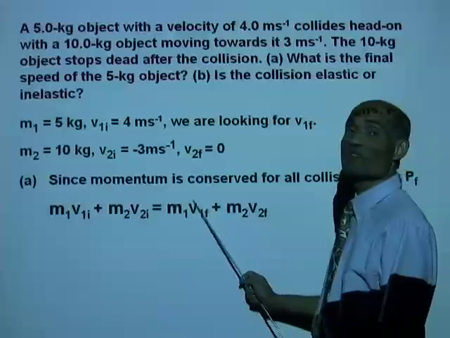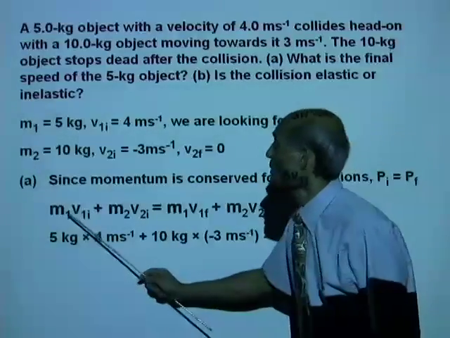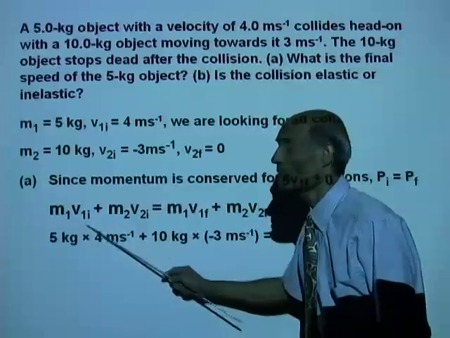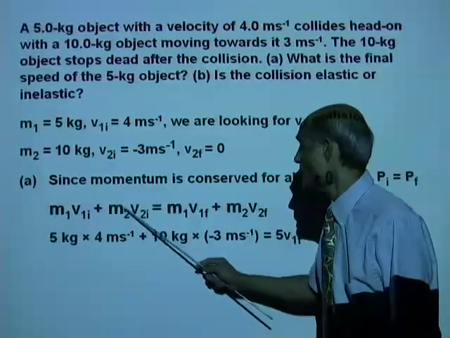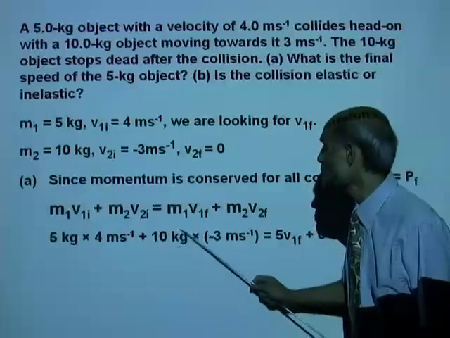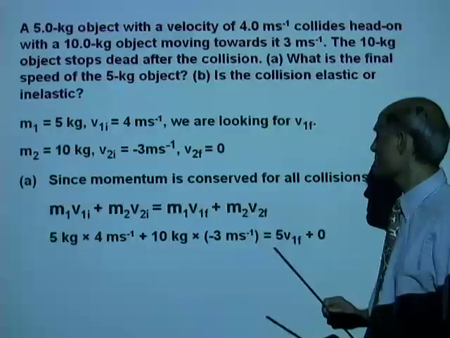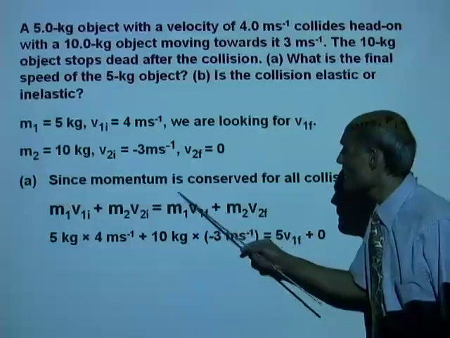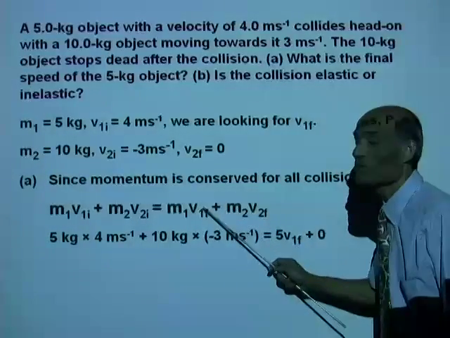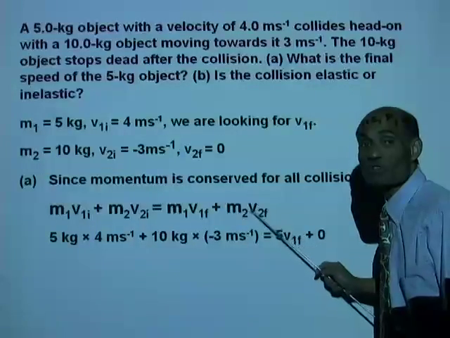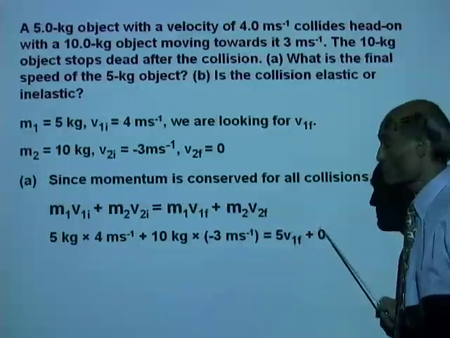So 5 kilogram times 4 meters per second, M1 V1I, plus M2 V2I, 10 kilogram times negative 3 meters per second, equal to M1 V1F. M1 is 5 kilogram, V1F we don't know. And since V2F is 0, this term will become 0.